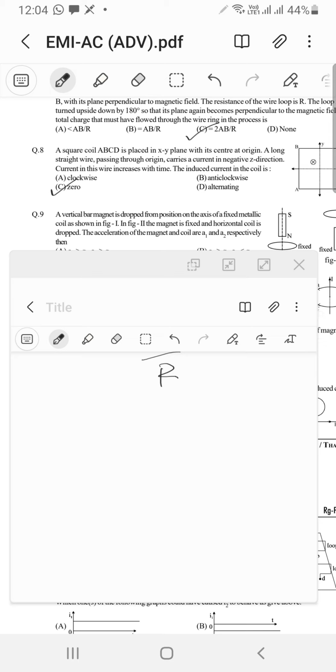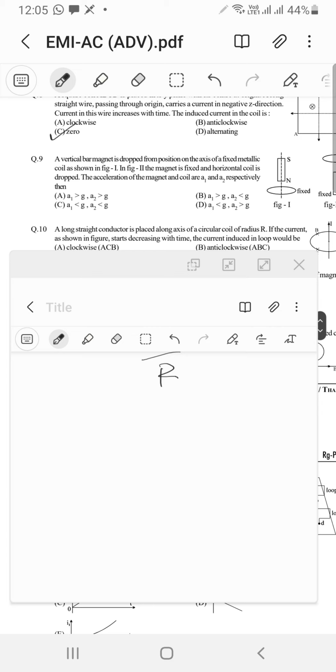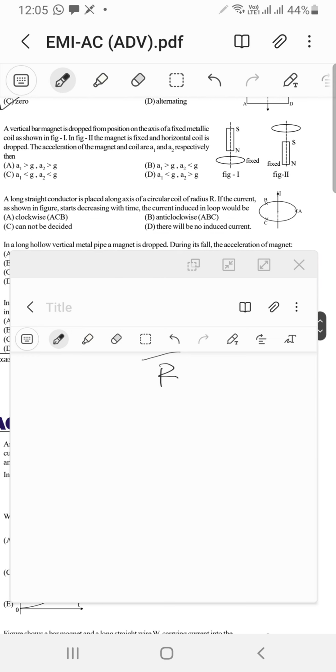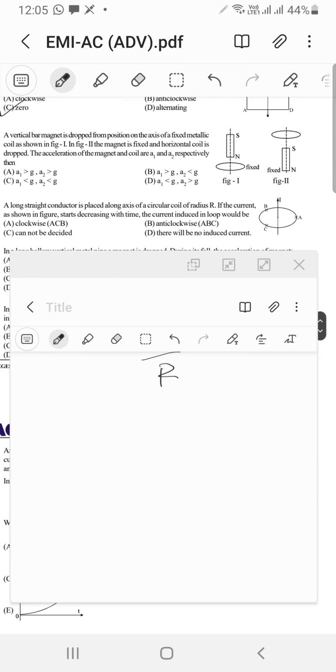Okay, a vertical bar magnet is dropped from a position on the axis of a fixed metallic coil as shown in the figure. In figure 2, the magnet is fixed. Okay, fine. A1 and A2 respectively, then. This is weird.